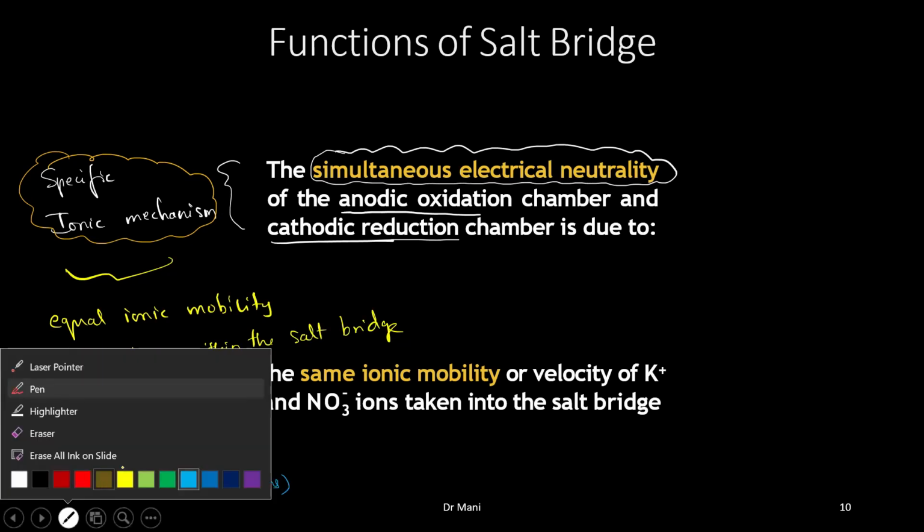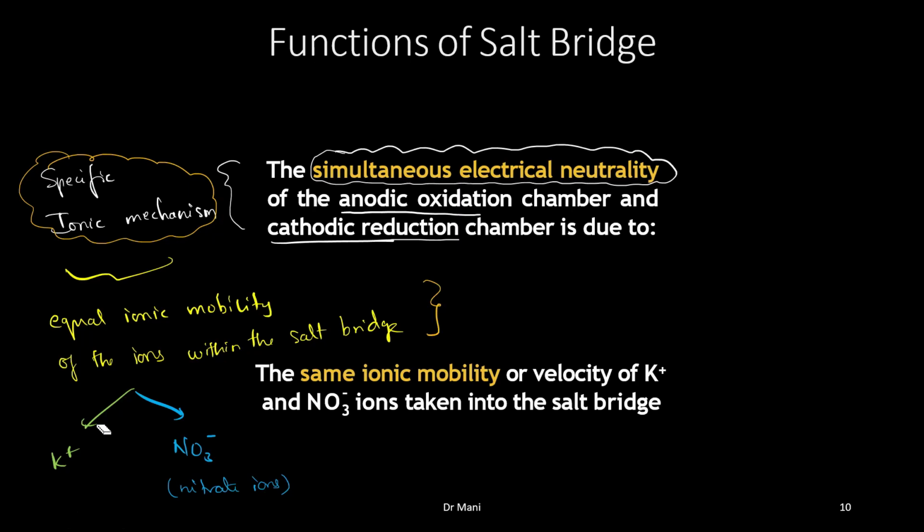What does that mean? That means whatever this K+ and NO3- are there in the salt bridge, this salt bridge is made up of KNO3. So when they split, they will move with a similar velocity. Understood? There is a potential difference generated that will cause them to split into K+ and NO3-. Now suppose this electrochemical cell is containing positive, and this electrochemical cell is containing more negative.